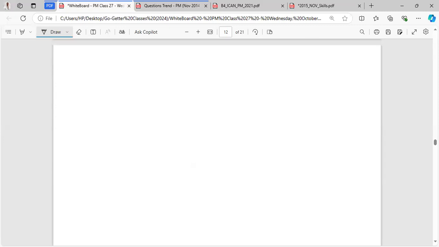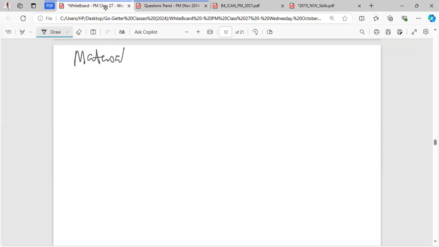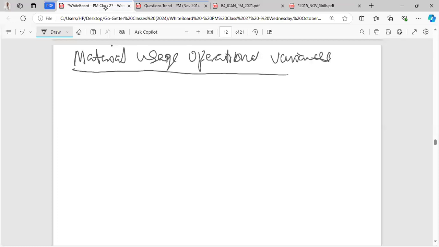So we've done this. Now, usage operational variance is what we are going to be using to judge the production manager. We'll now say material usage operational variances. We'll quote the formula again. Basic.